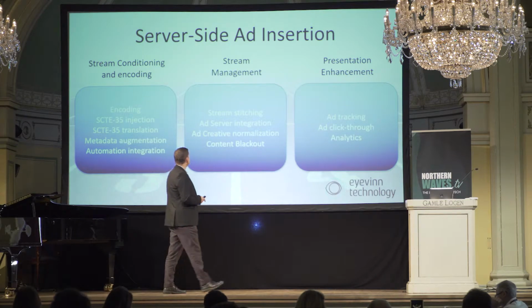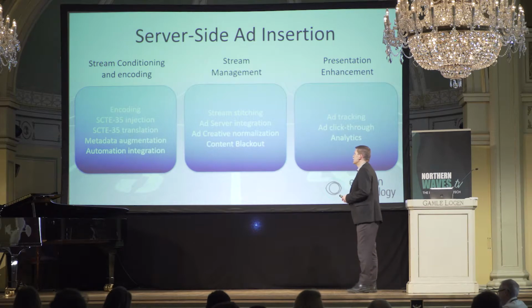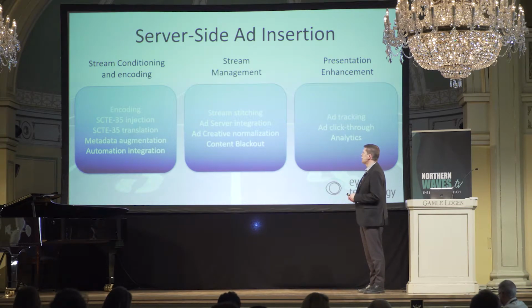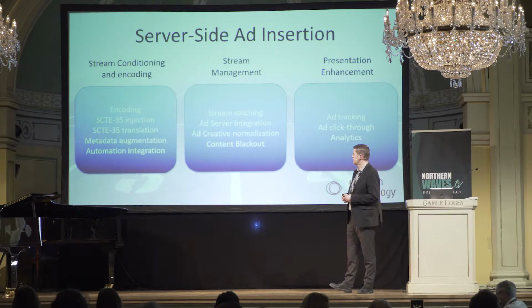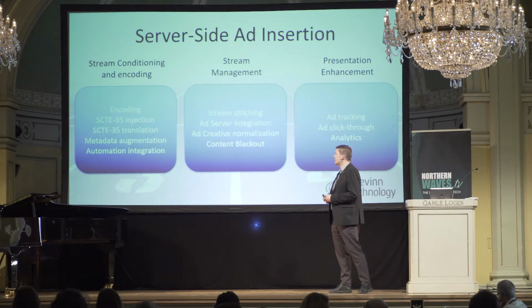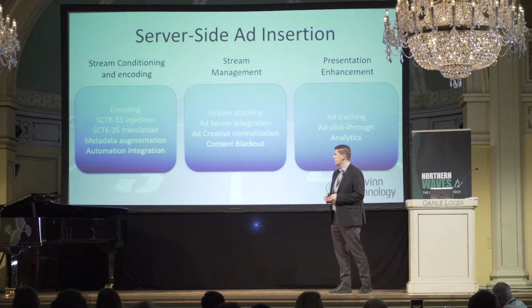So how does server-side ad insertion work? It's basically three parts of technology around it. You have the conditioning and encoding part, where you prepare the content so that it's possible to stitch commercials in later on. You do the encoding, you shoot the SCTE-35 markers into the stream or the linear stream.